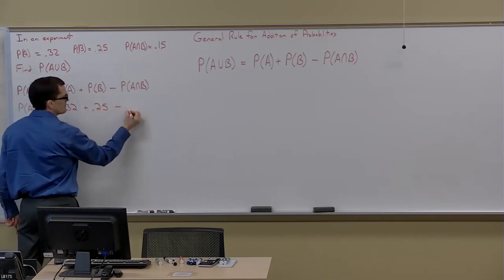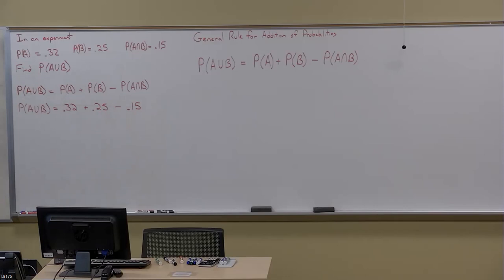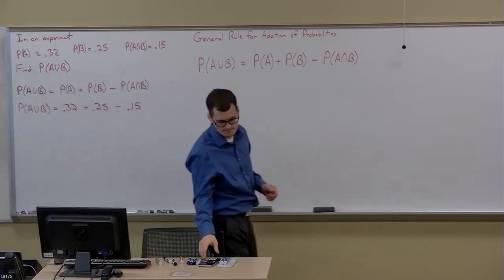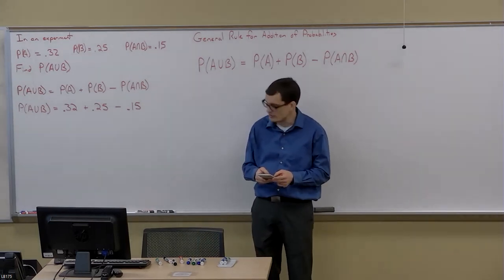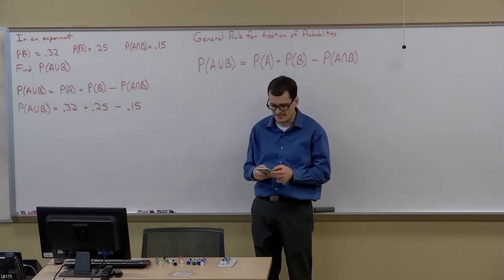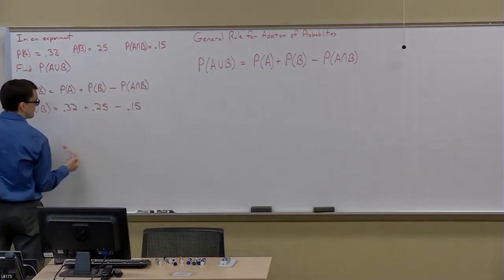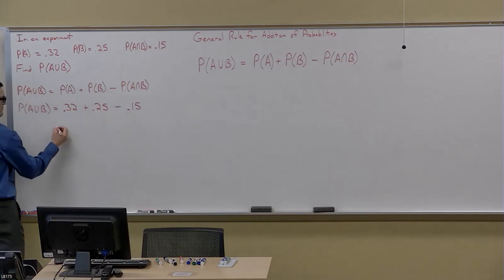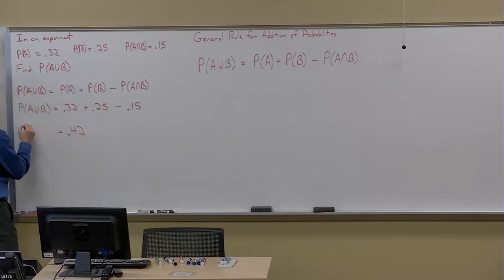And the probability of the intersection, it tells me is 0.15. Now, this is really easy to solve because all we have to do is simplify and combine like terms on that right side. 0.32 plus 0.25 minus 0.15 is 0.42. And so now we know the probability of the union.